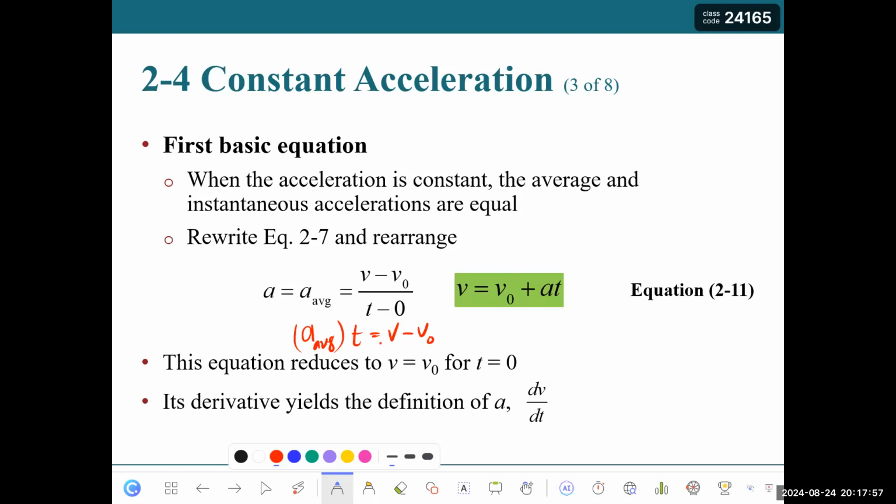From here, if I want to solve for v, which is my final velocity, my final velocity equals initial velocity plus at. I take this term to the other side, so the minus becomes plus, and I get this. So this is my first equation.